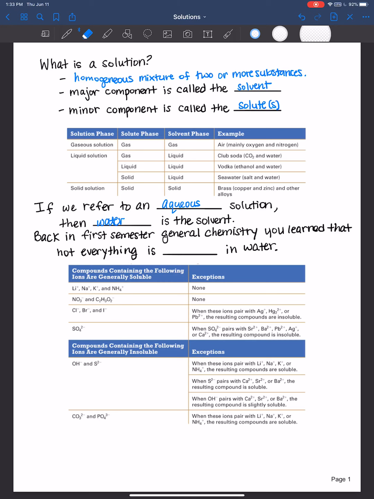And back in first semester general chemistry, you learned that not everything is soluble in water. Not everything goes into solution in water, and you would have learned the solubility rules.